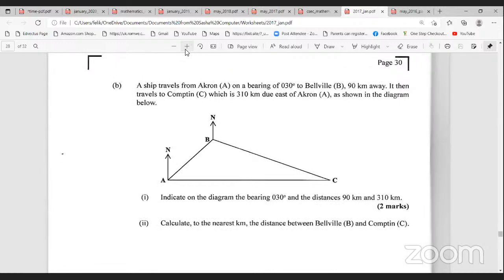All right. So the ship travels from Akron on a bearing of 30 degrees to Belleville. So from Akron to Belleville. Who can write in that bearing for me? Show me that angle. Show me where that angle is.